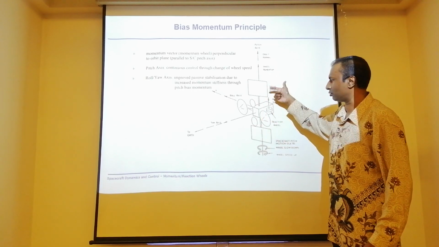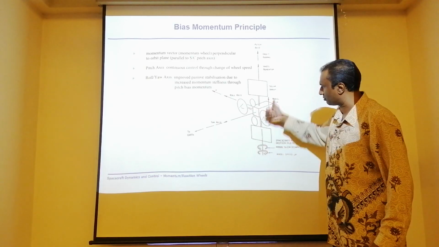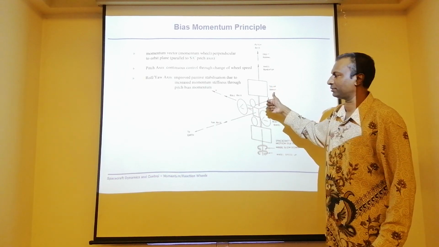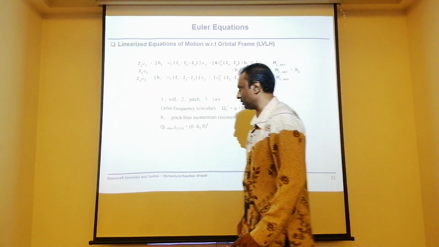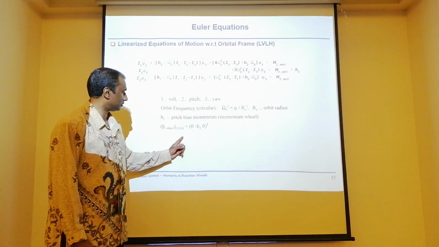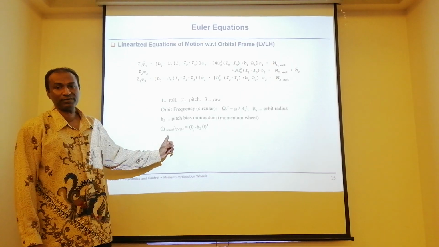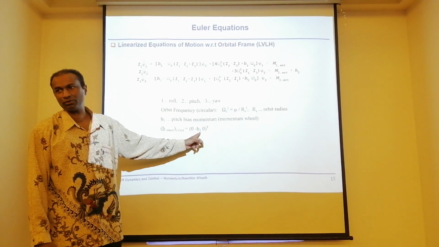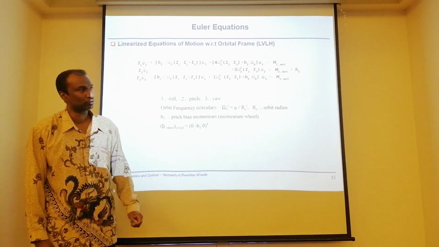But for local vertical, local horizontal, because your pitch is down, your bias momentum is basically negative of that. So therefore, the actual local vertical, local horizontal system is 0, 0, negative H transpose.